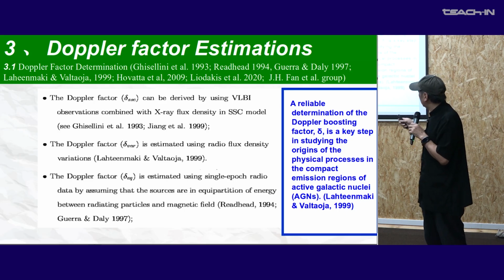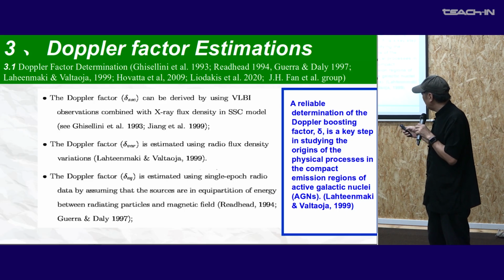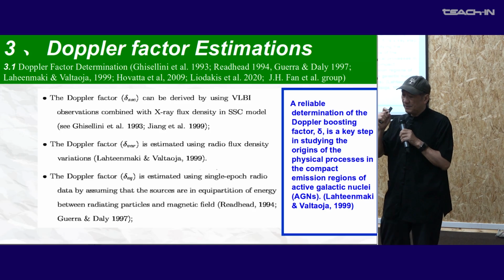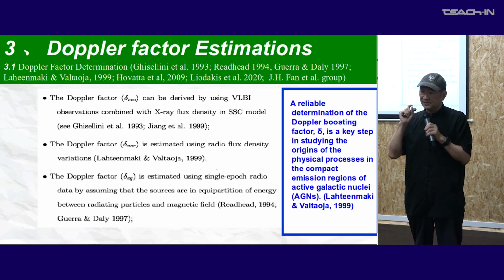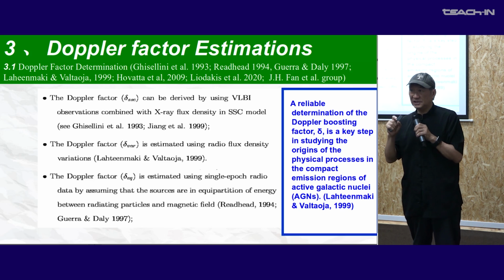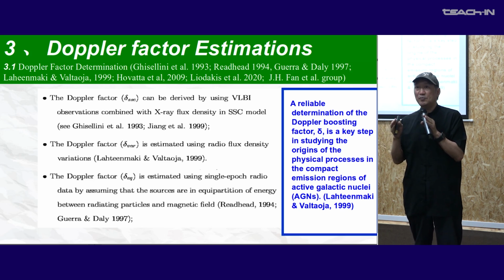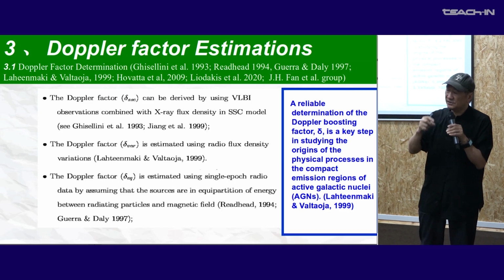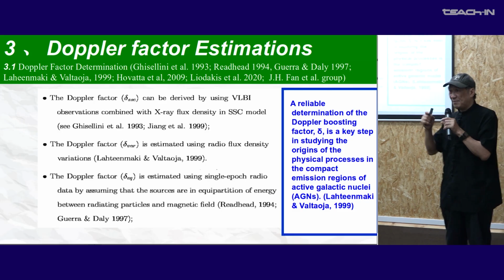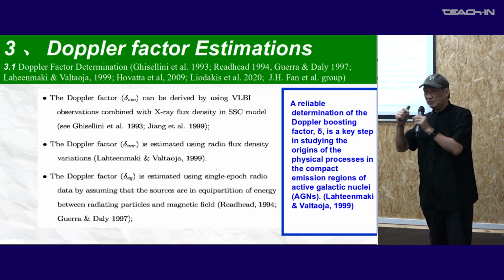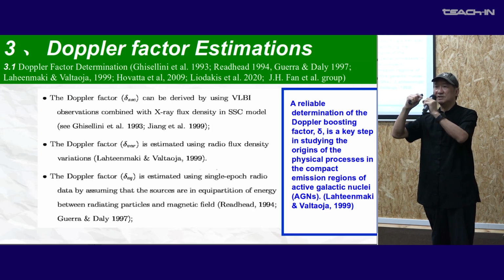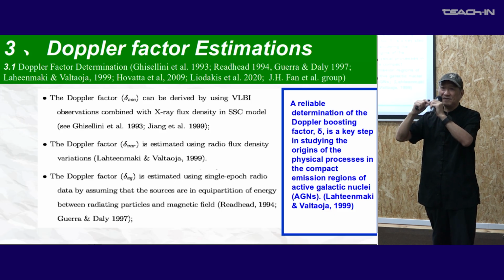First, in Ghisellini's work, they assume the standard synchrotron self-Compton mechanism to predict the X-ray emission, and they compare the observed X-ray value with the expected value. If there's a difference, the difference is explained by the beaming boost, and then they can estimate the Doppler factor.